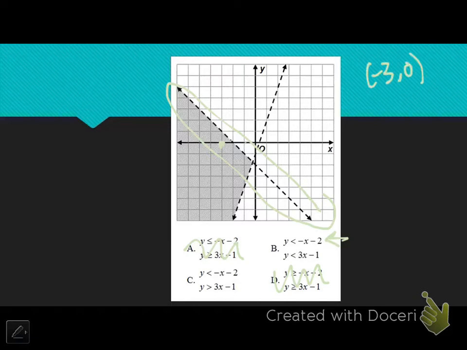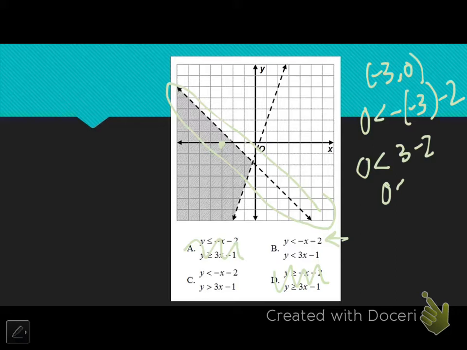Okay, let's plug it into this first equation and see if it works. Make sure you put it in parentheses, otherwise you're not going to get the negatives to make a positive. So 0 is less than, negative times negative is a positive, 0 is less than 3 minus 2 is 1. Okay, so we know that's true.